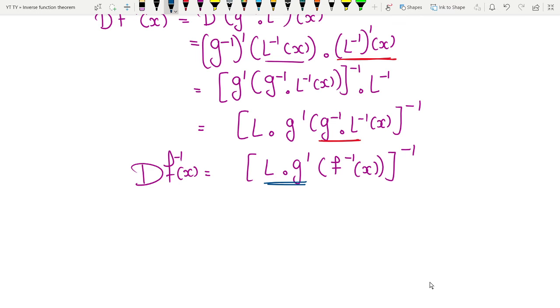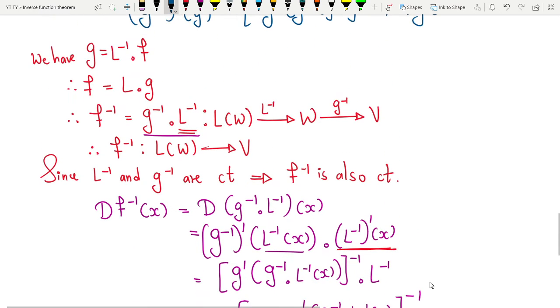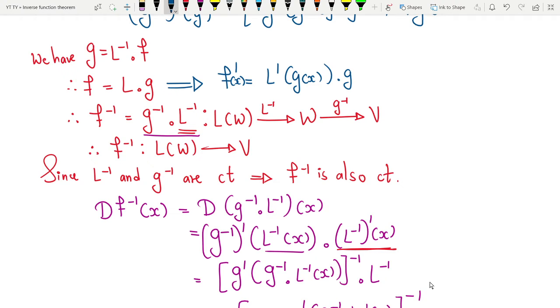We know that f is differentiable, right? If I see this case, this implies my f dash is nothing but L dash at g of x, suppose if I consider x, composite g dash at x. Now, as we know, my L is a linear transformation. So, derivative at any point is actually same as that thing itself.